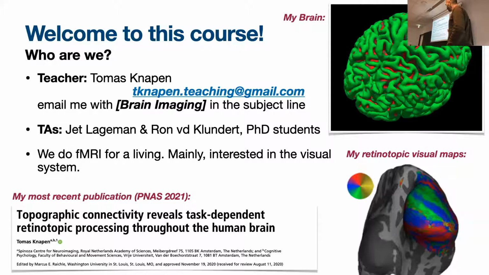Our topics of research are fMRI. So we do a lot of fMRI scanning ourselves, especially Ron is doing a lot of scanning. And our interest is mainly in the visual system. So in the course, there will be a bit of a skew towards explaining how the brain makes us see.